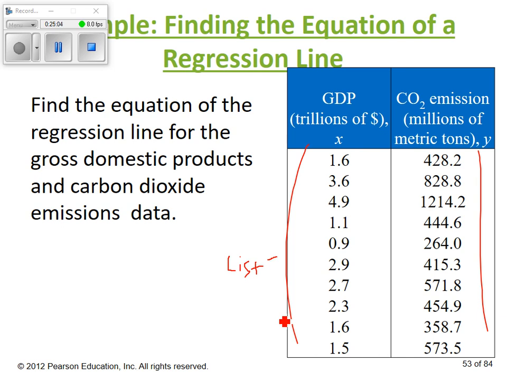There's some way you can clear them all at once. Anybody remember how to clear all your lists? Go up to L1 and just clear. You can go to the top of them and press clear and it'll clear them, but there's some way to clear them all at once too.